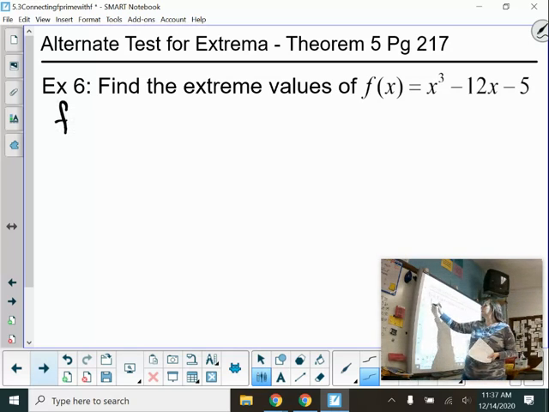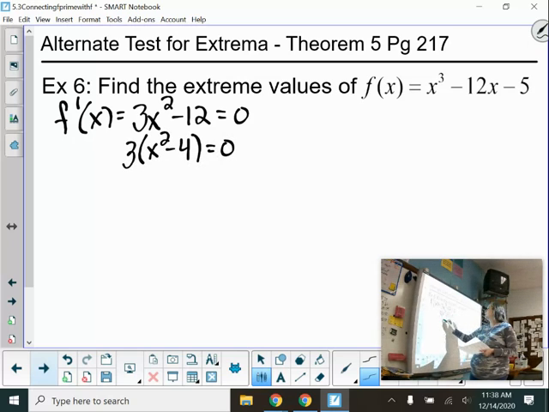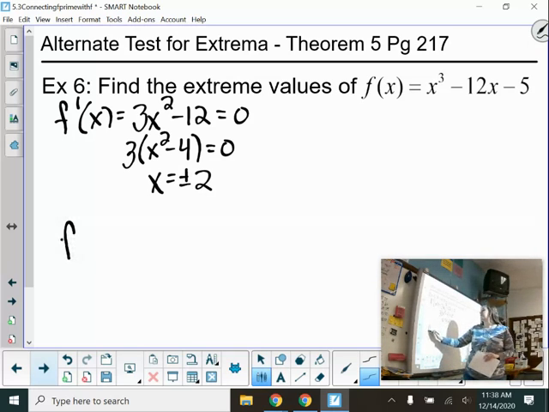So for example 6, if we want to find the extreme values here, the first thing we need to do is the derivative. So that's 3x squared minus 12. We do need to set that equal to 0 to figure out where this works. So we get x equals plus or minus 2. Now, to find those extreme values, we need to find the second derivative.